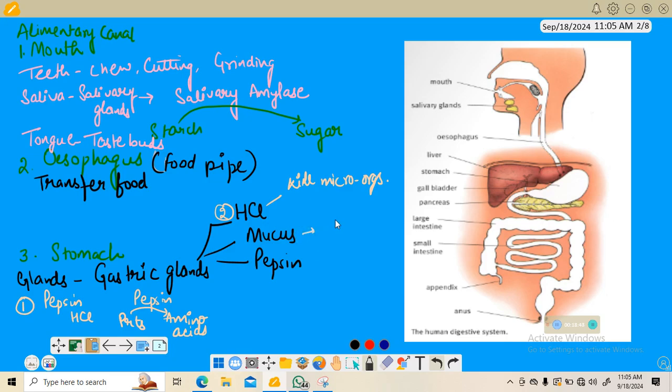Then mucus. Now HCl is an acid, so there is a chance that it can destroy the stomach. So this mucus is present on the lining of the stomach, so that HCl does not harm the stomach.